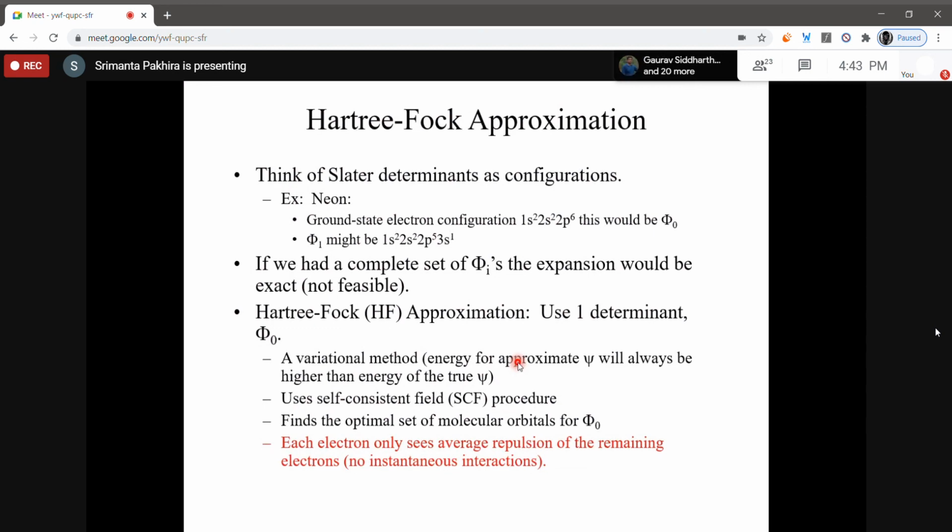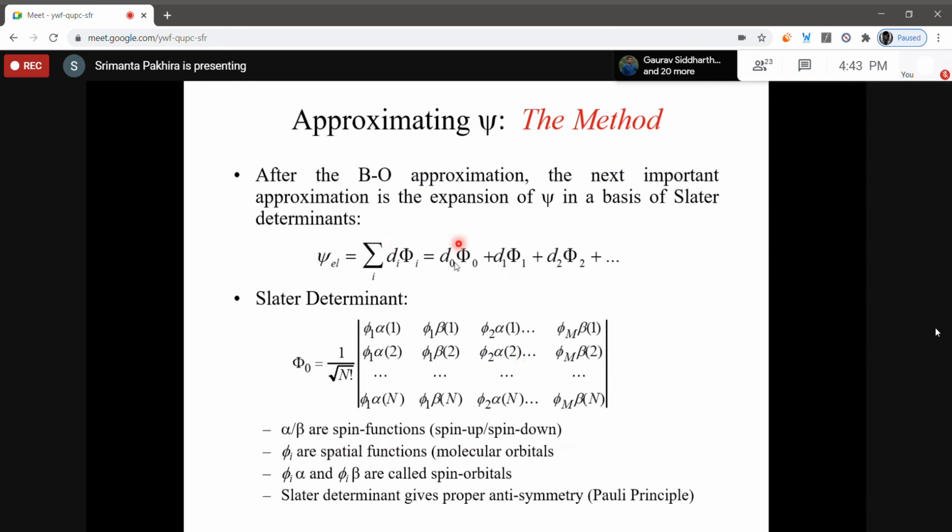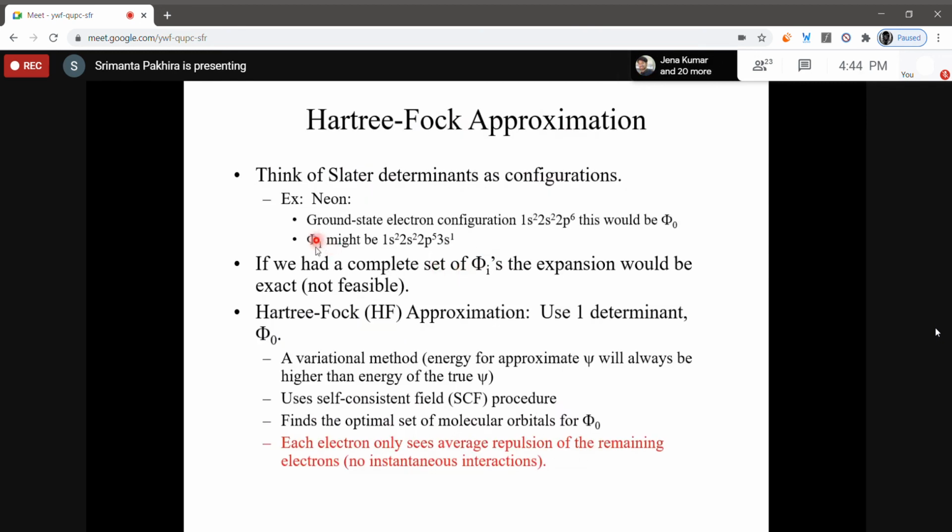This would be phi 0, which I just described. Then what would phi 1 be? An electron has to move into another state, let's say 3s1, leaving 2p5. So phi 1 might be one possibility: 1s2, 2s2, 2p5, 3s1.